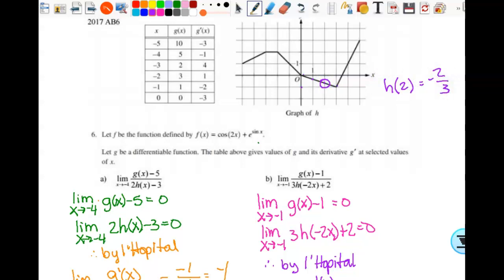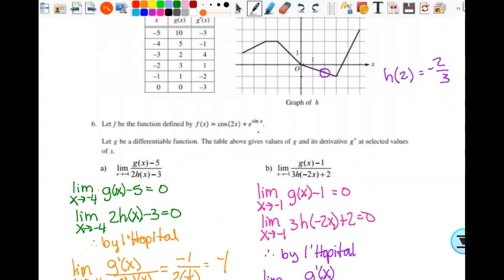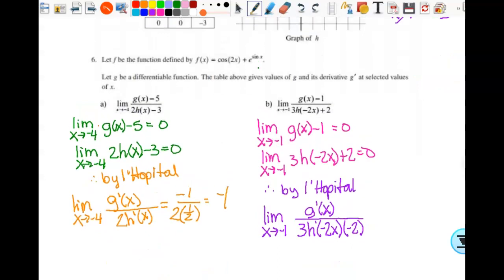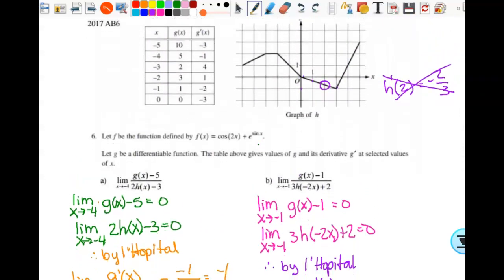Use the slope. Oh, H prime, thank you. Oh, wait. I'm sorry, I found H. Wait, what are we looking for? Oh, you asked for H. Okay, yeah. So I had it right the first time without the prime on it. Yeah, so H of 2 is negative 2/3. H prime of 2 is negative 1/3. Yeah.